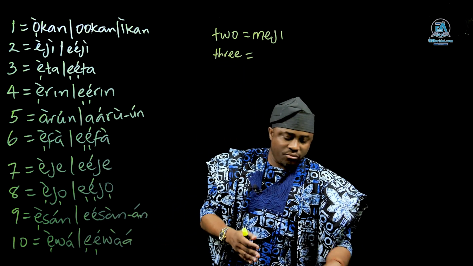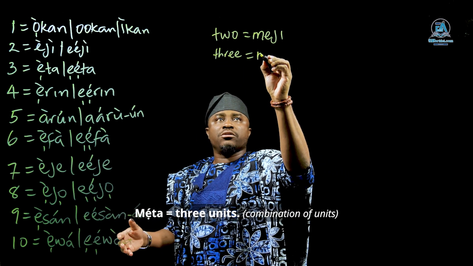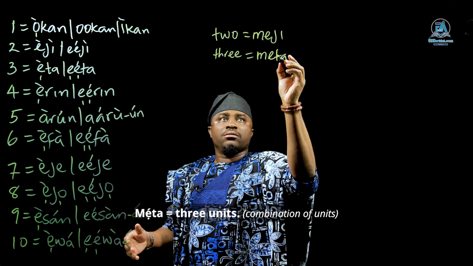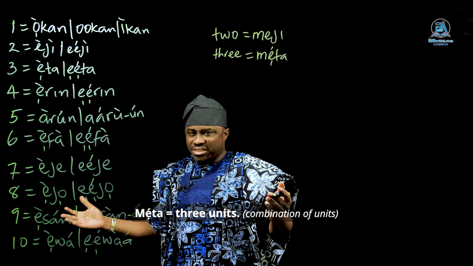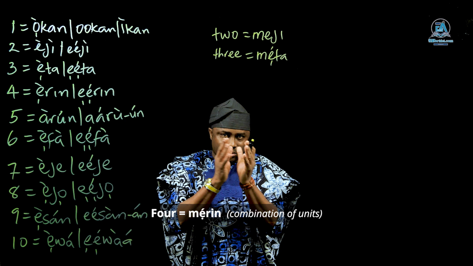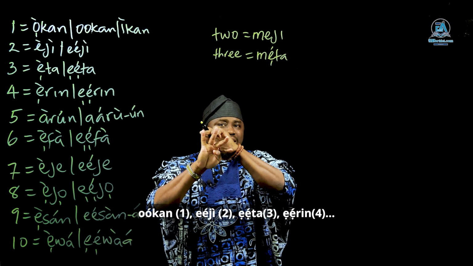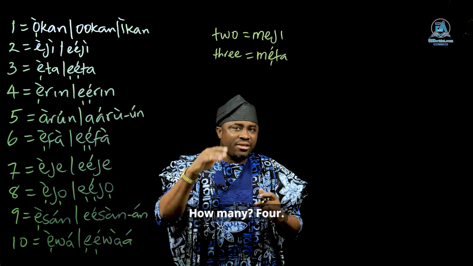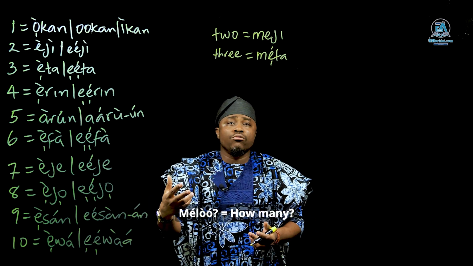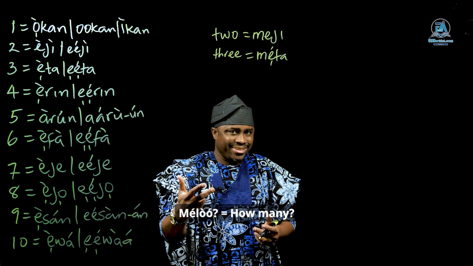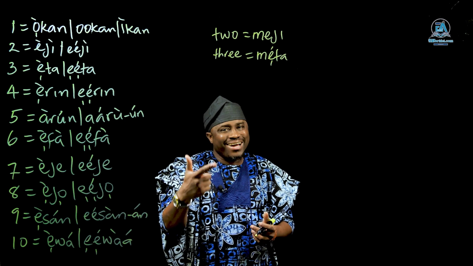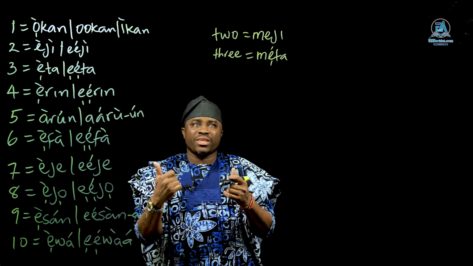So that's where you get the word mẹ́ta, a combination of units. 4 is mẹ́rin. So that's where you can say mélòó, how many? Mélòó la fẹ́ wí.